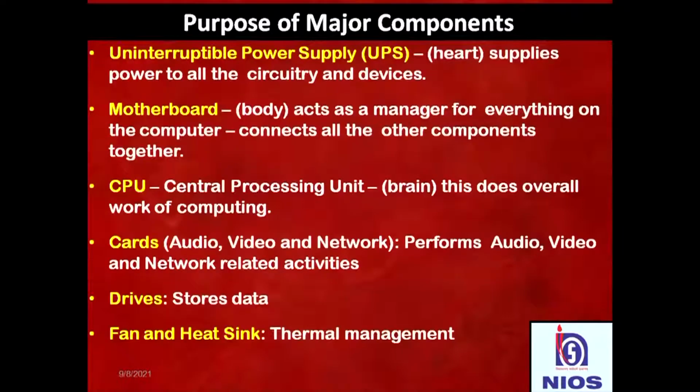Next we discuss the major parts of the computer system apart from the CPU and input output devices. The other important components are UPS, motherboard, then various cards as we have discussed in peripheral devices. Apart from these, various drives, and we also have the fan and heat sink.